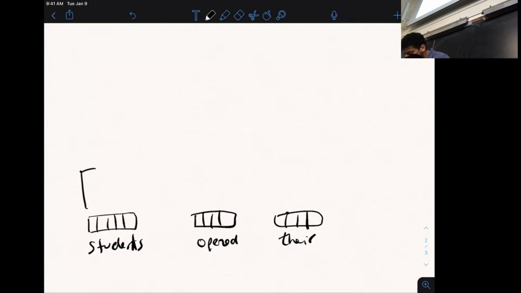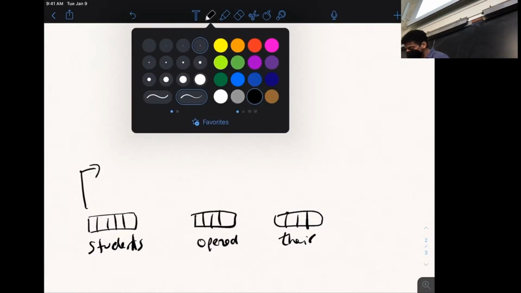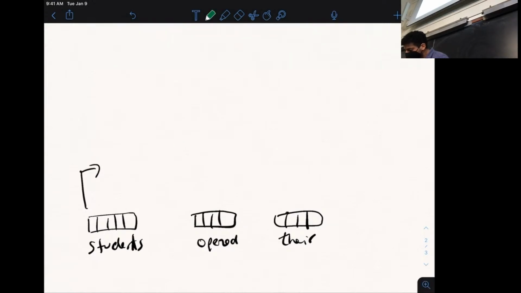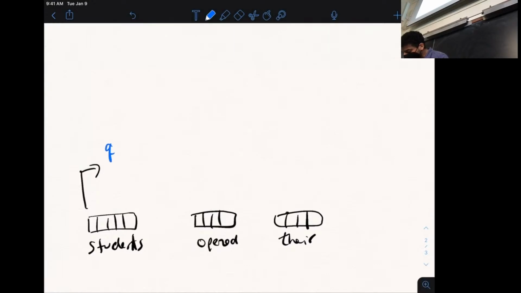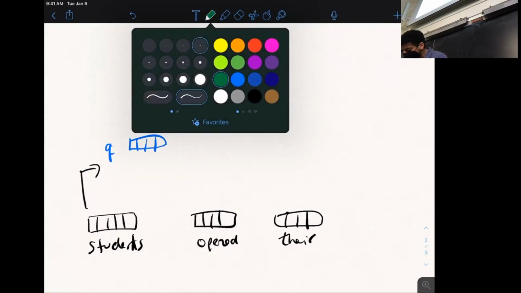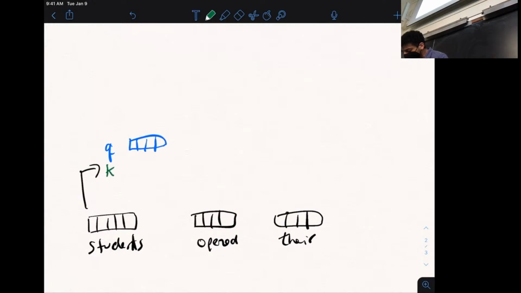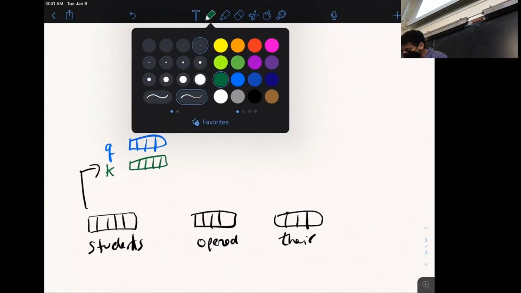So for students, I'm going to compute, I'll use blue, a query vector. And we're going to compute a key vector. We're going to compute a value vector.